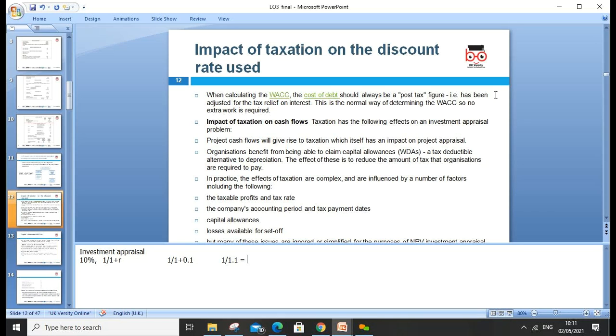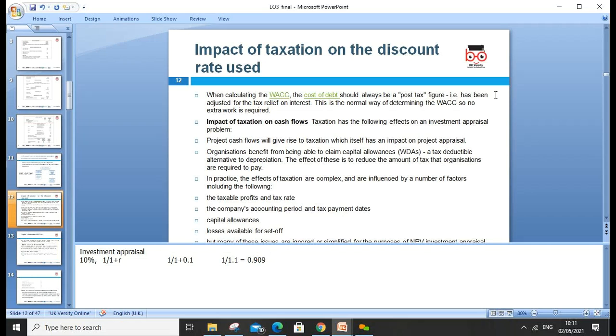What do you think? What discount factor will come? Okay, 1 divided by 1.1, you can divide it if you want to. It comes to 0.909. So at the end of the first year, 1 pound value won't be 1 pound, the value will be 0.909.